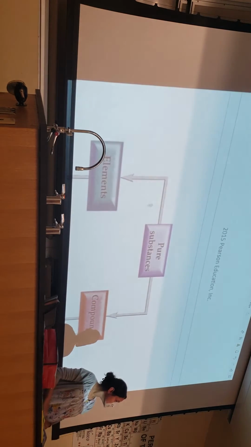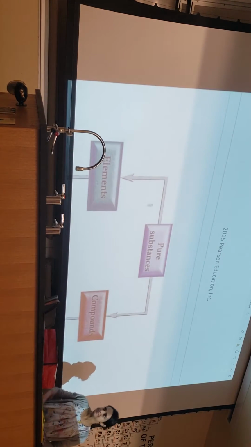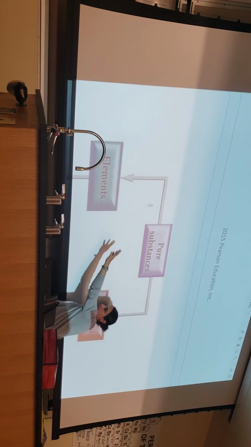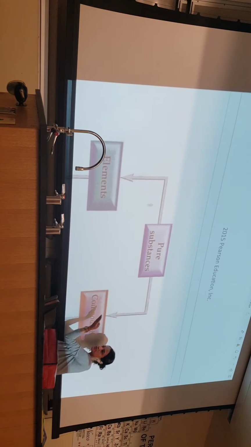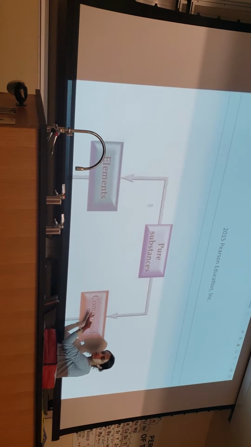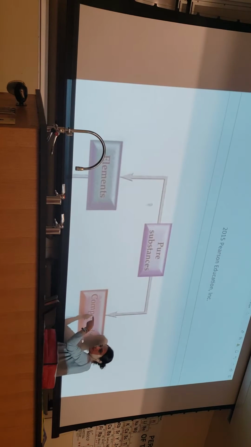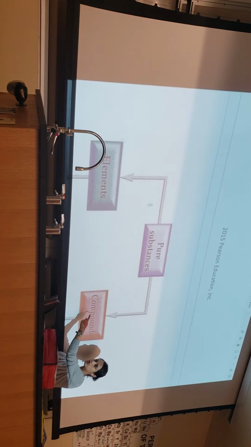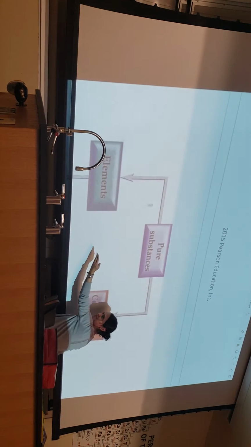Okay. You guys remember this? Pure substance, we're talking about just one type. You have elements. What can't you do to elements? Break them down. Then you have compounds. The way you form compounds is you have elements coming together in a specific ratio to form compounds. What is this process called? Yes, correct.